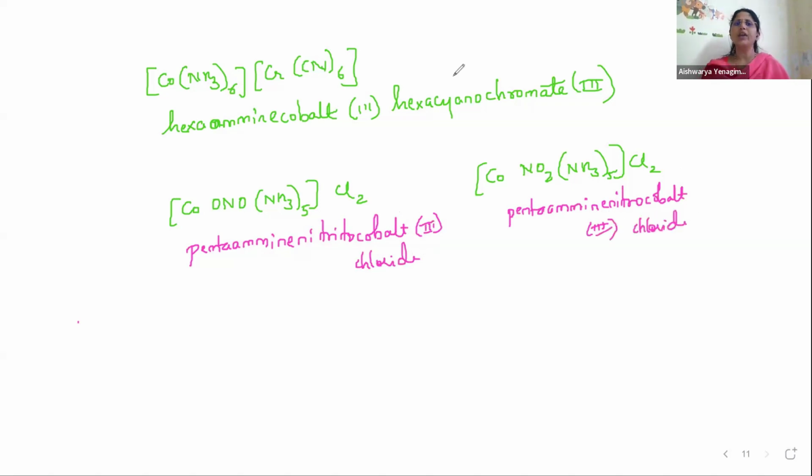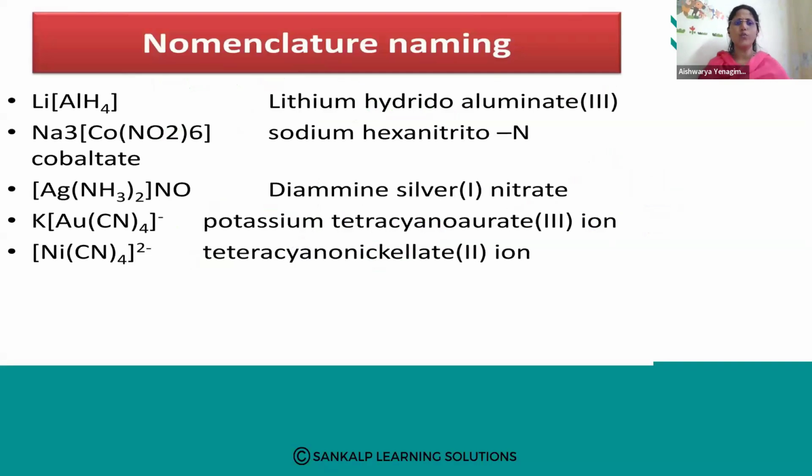So these are some of the examples to make you understand how to do the nomenclature. And here are a few more examples. You can see LiAlH4, lithium tetrahydridoaluminate. H stands for hydrido. Yes, lithium hydridoaluminate. Then Na3[Co(NO2)6] is there.